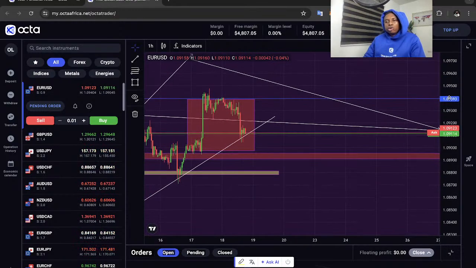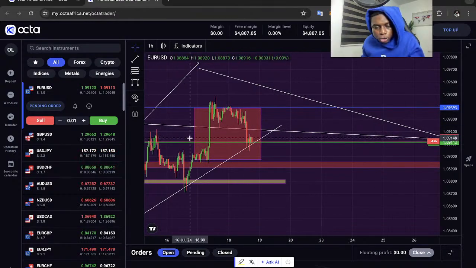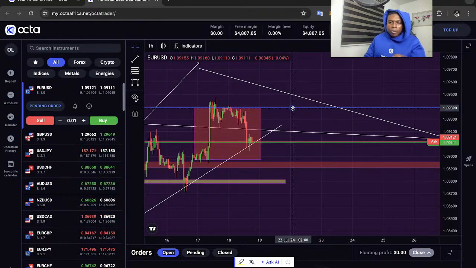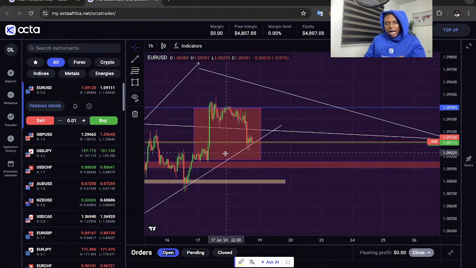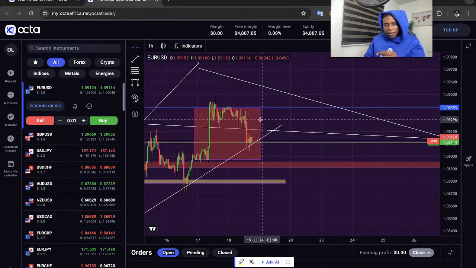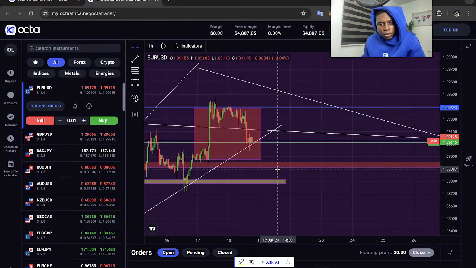Now, what would I do as a trader? I would set a buy stop order above, and I will set a sell stop order below. A buy stop order above and a sell stop order below.